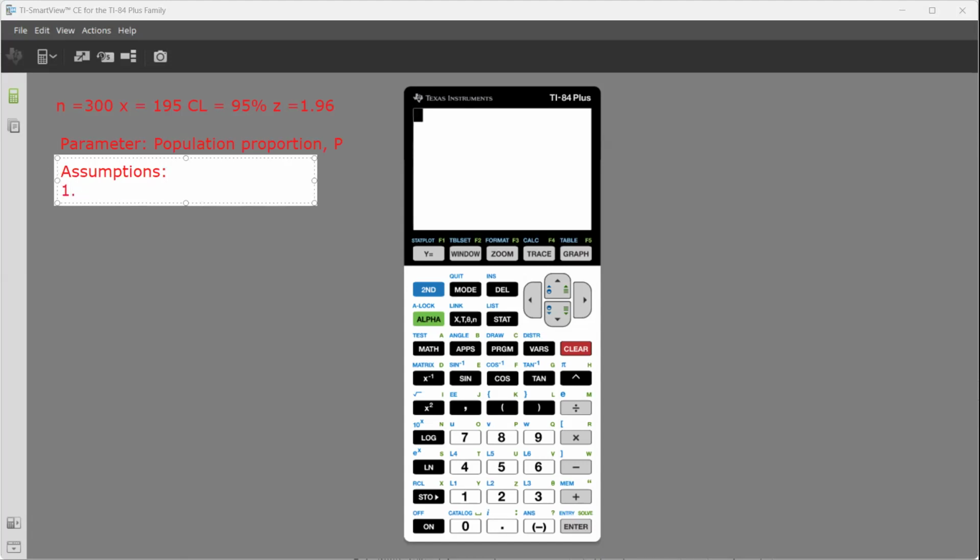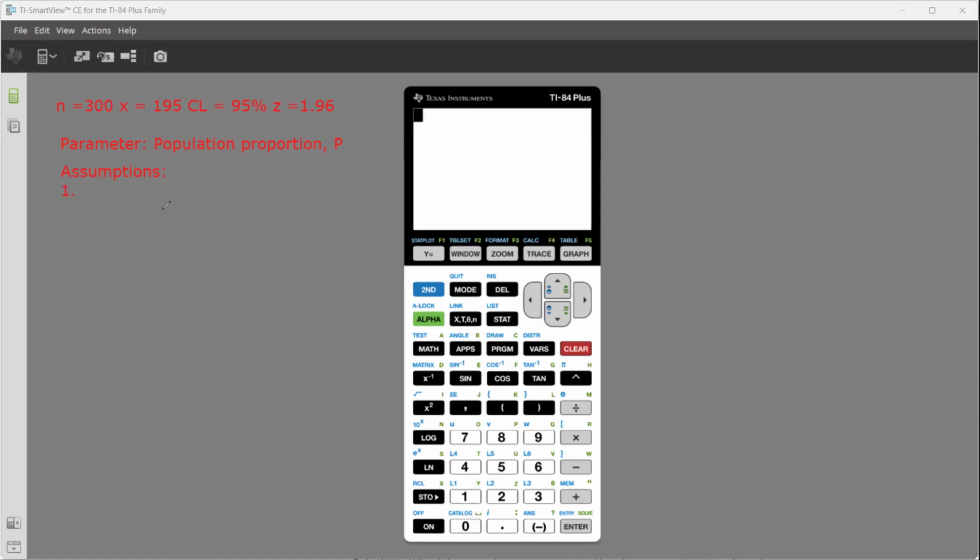So I'm going to test them here. Number 1 is I'm going to test N. Actually, let me write this out. So we haven't calculated P hat. We're going to do that right now. But I'm going to go ahead and write this out.